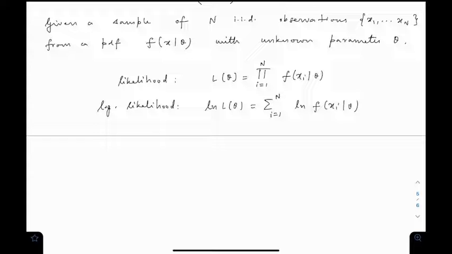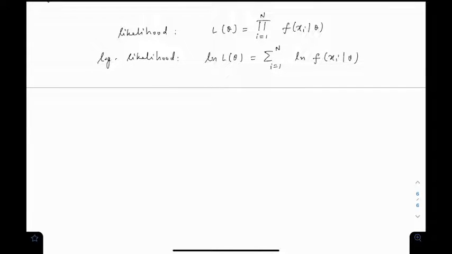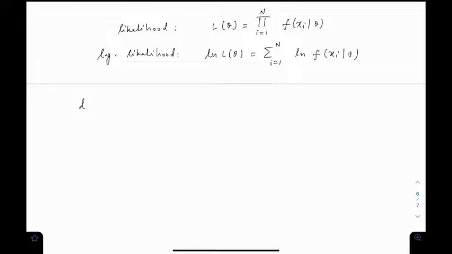So basically, this is the equation, and theta hat gives the MLE of theta.